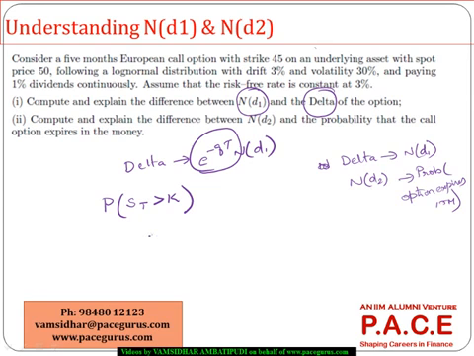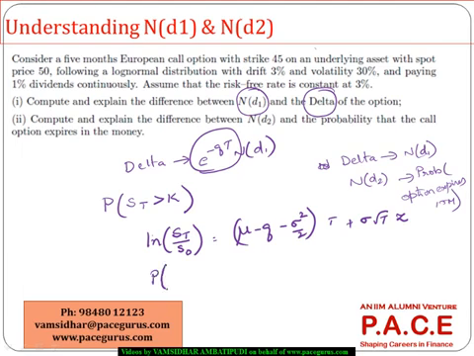So when we are looking at the probability of ST greater than K, let me go ahead with a basic understanding. Log of ST by S0 we can write as (mu minus q minus sigma squared by 2) times T plus sigma root T times Z. Very straightforward. So this is the basic logic.